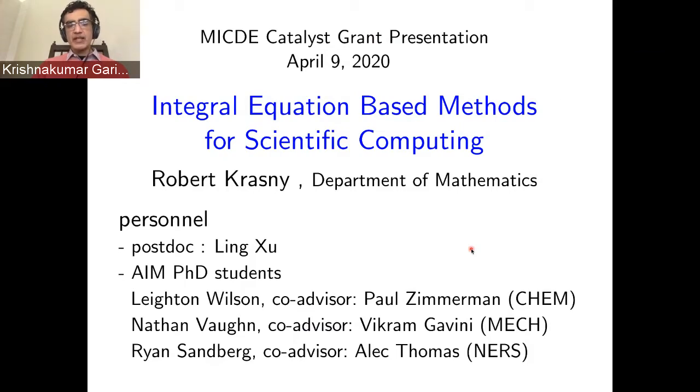Each session has 3 talks by groups that have had Catalyst grants or that have Catalyst grants even now. The speakers and the presenters in the first session are Robert Krasny from mathematics, followed by Vikram Gavini from mechanical engineering, and then Yulin Pan from naval architecture and marine engineering.